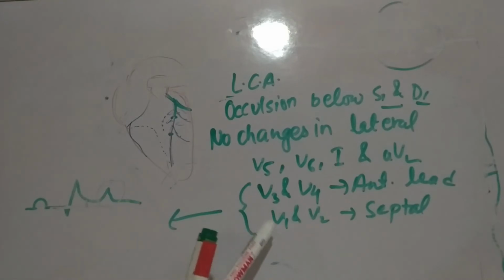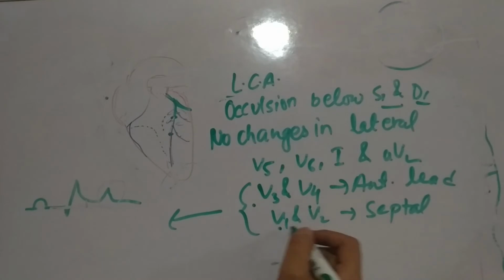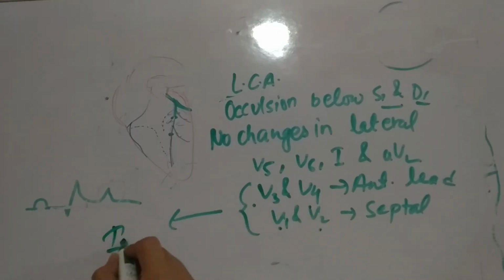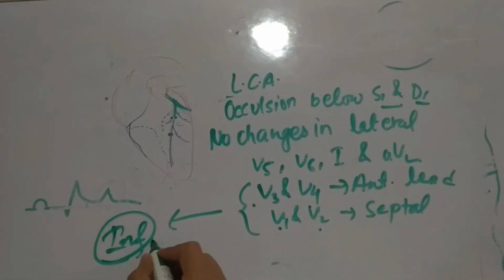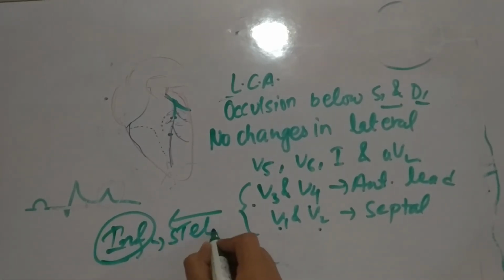But in this case, we won't be finding any reciprocal relationship. However, we will be finding the same changes as seen in V3, V4, V1 and V2 in the inferior leads also. What I mean to say is that in the inferior leads also, there will be ST segment elevation.